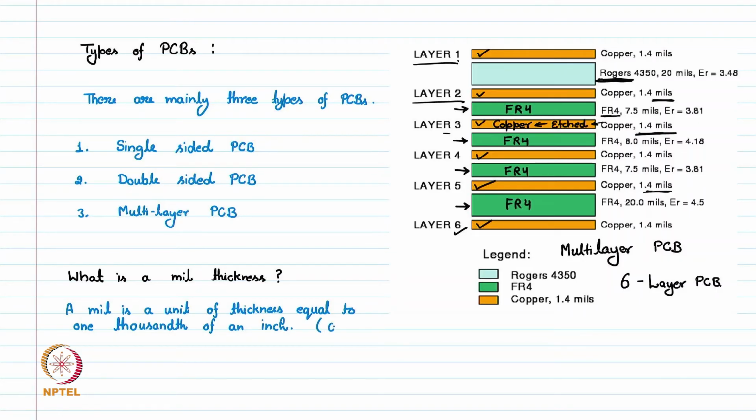It means this is 0.001 inch. So to convert simple mil to inch, for example, we have 2 mil thickness. This is divided by 1000. So this is equal to 0.002 inches.